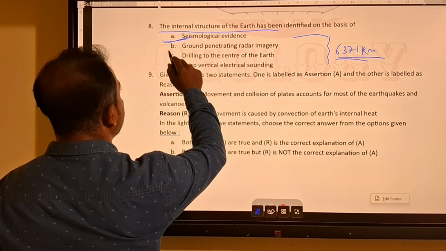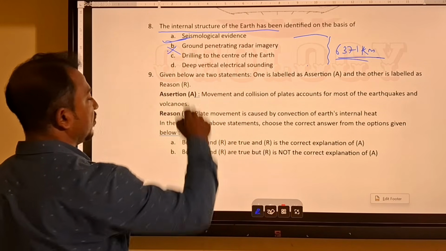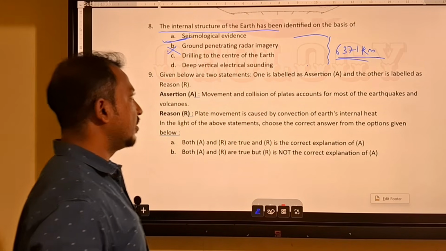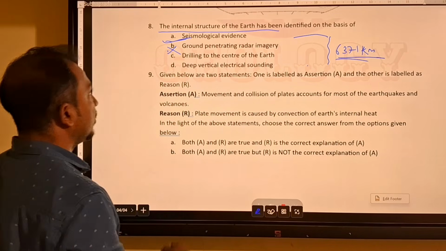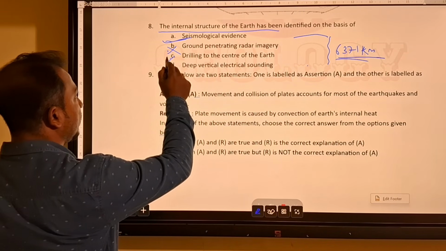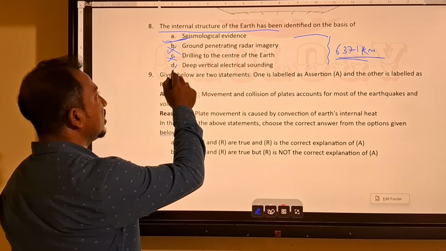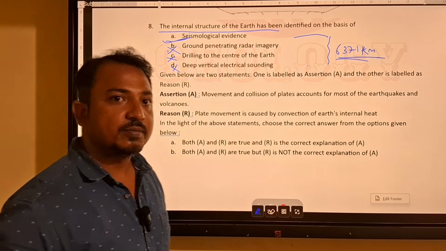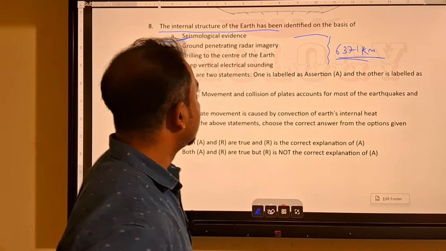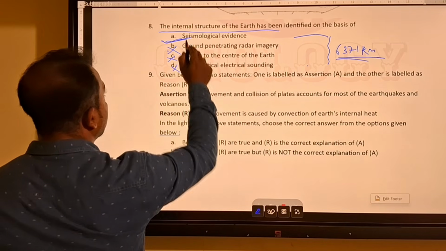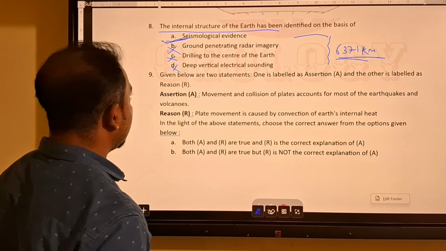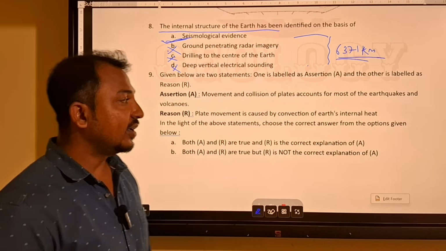Ground penetrating radar imagery is used for mineral or ore exploration. Drilling cannot be done to the center of the earth. Deep vertical electrical sounding is also used for ore exploration. So seismological evidence helps to determine the layers of the earth.